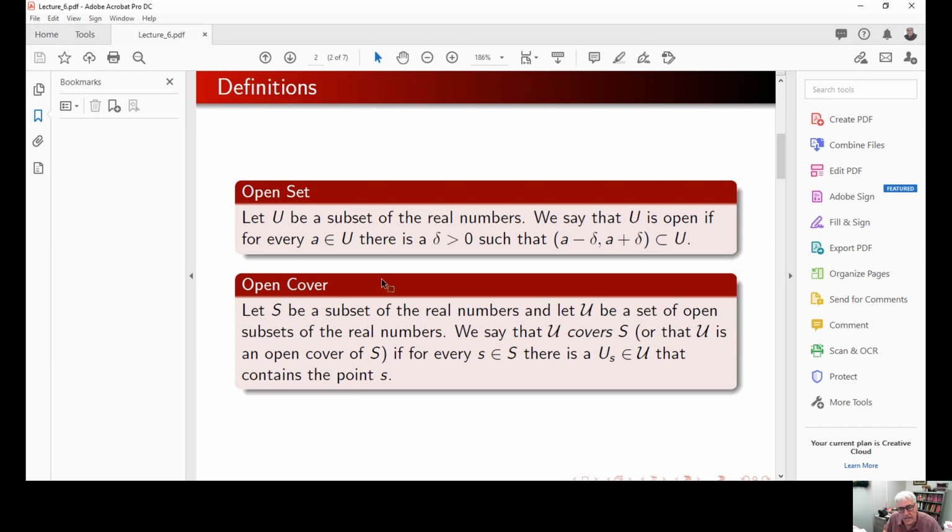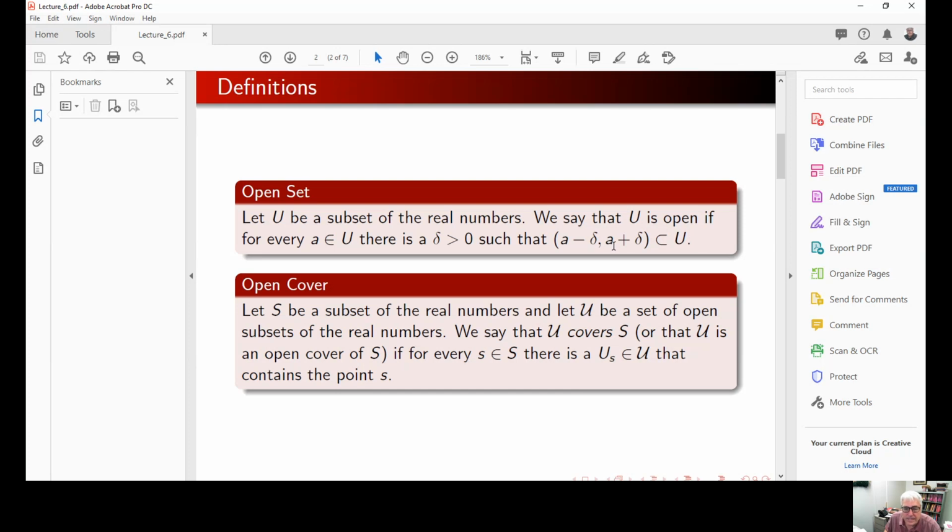So we start out with the first set of definitions. We're going to define an open set itself. Let U be a subset of the real numbers. We say that U is open if for every a element of U there is a delta greater than 0 such that (a minus delta, a plus delta) is contained in U. Okay, so first of all, our open intervals are going to be open sets, but there are much more complicated open sets than that.